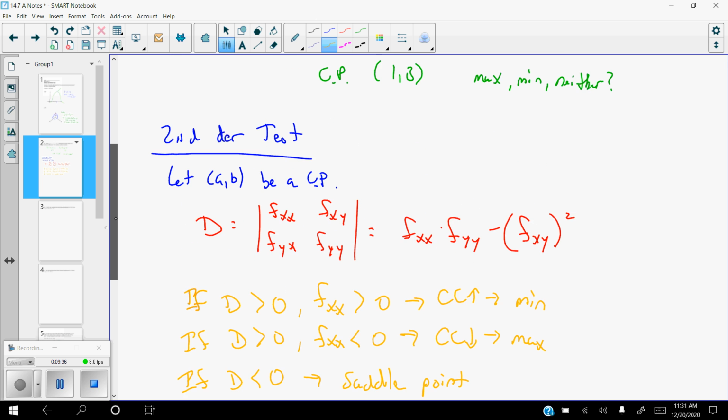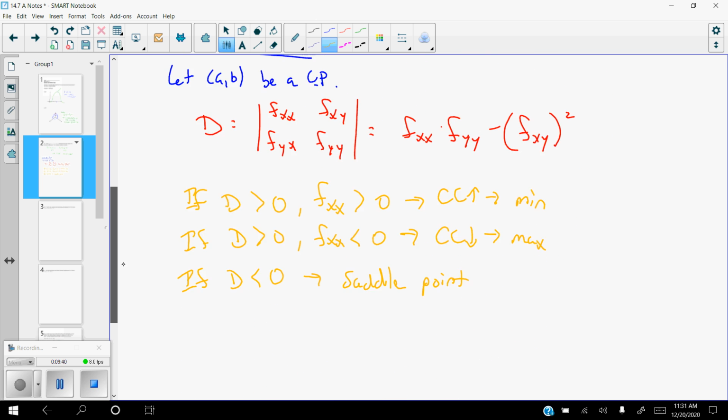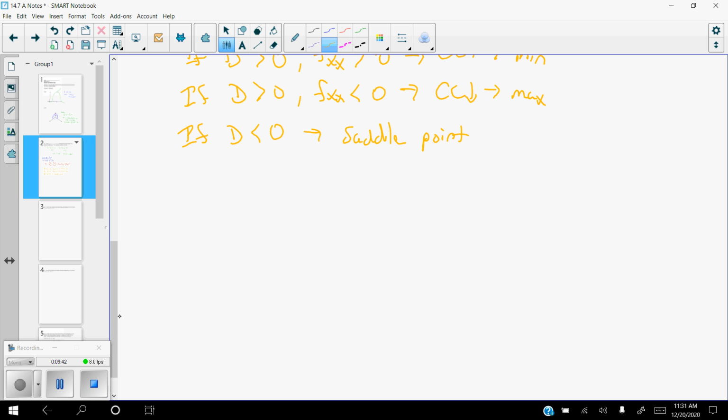So now let's go ahead and use this test on our critical point. Our critical point is the point 1, 3. So it says, take fxx, multiply it by fyy, and subtract fxy squared. Okay, that's our D value. So let's go ahead and do that.